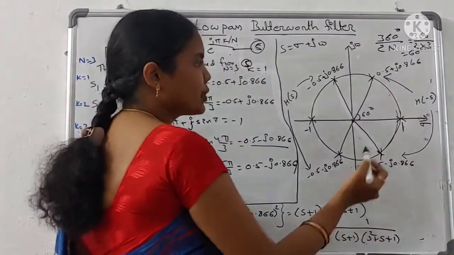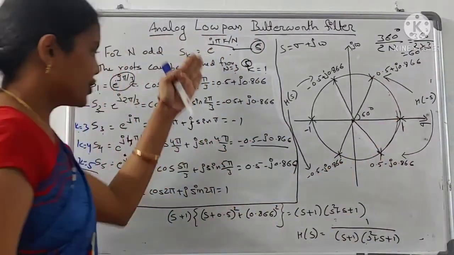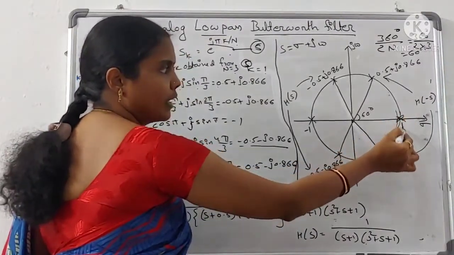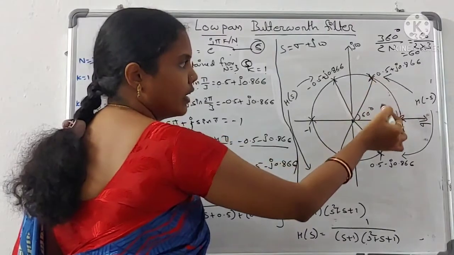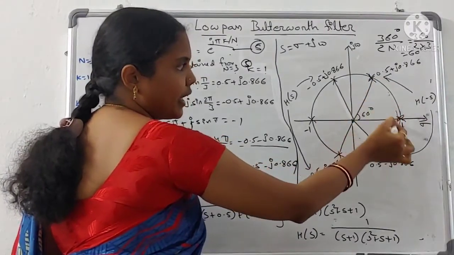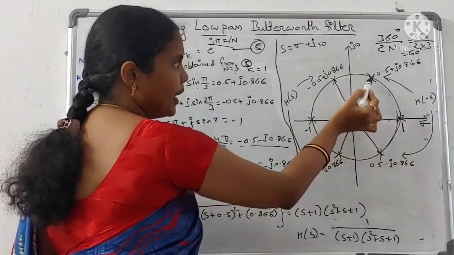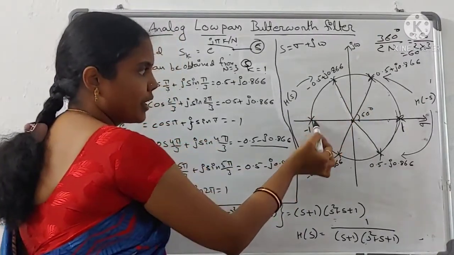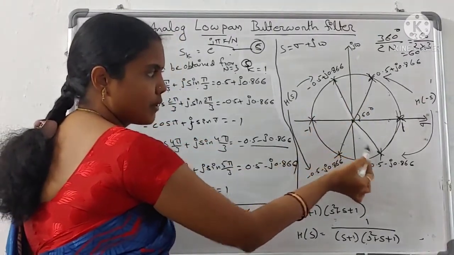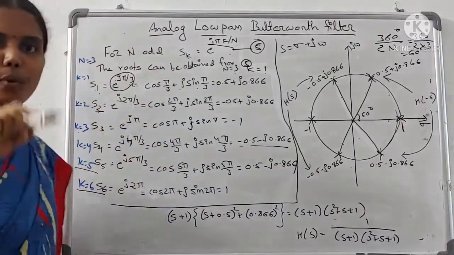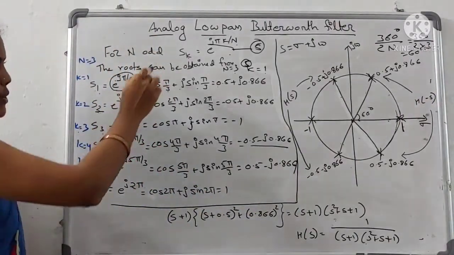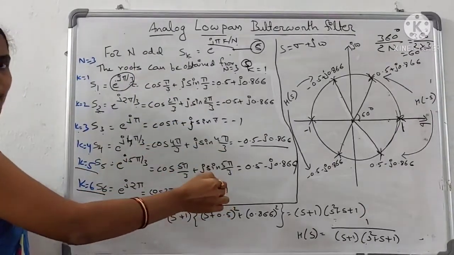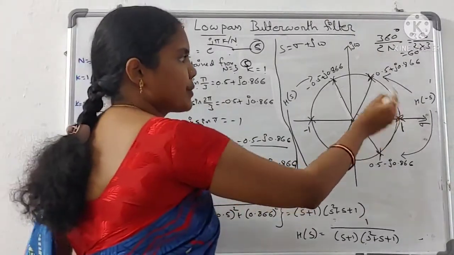Now see, here we have found the poles. From here to here, what should the angle be? 60 degrees. From this pole to this pole, what should the angle be? 60 degrees. Same, here to here is 60, here to here is 60, here to here is 60. Total 6 poles are located on the circle. All these are the 6 poles, and we have located those poles here.